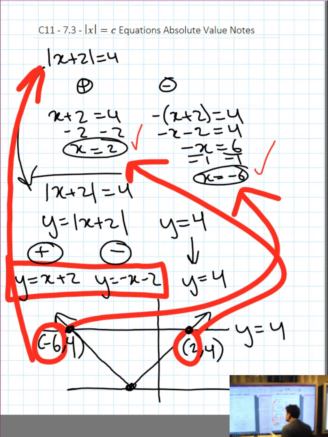So we now know 2 different methods to solve equations, just like we always have, by algebra and by graphing, doing the positive case and the negative case. So we've taken a look at some lines. Now we'll take a look at some parabolas.